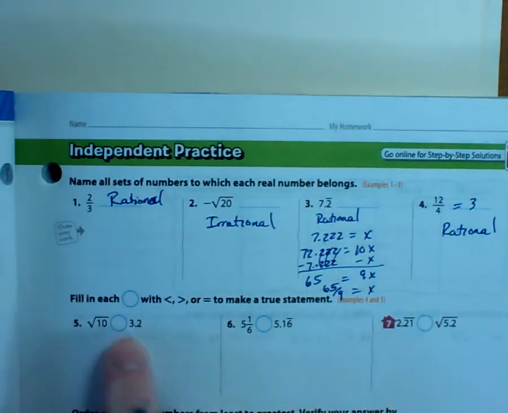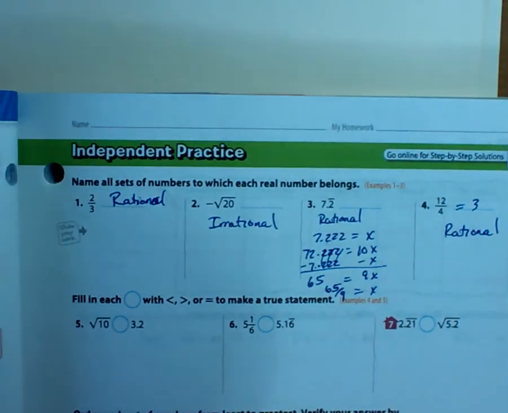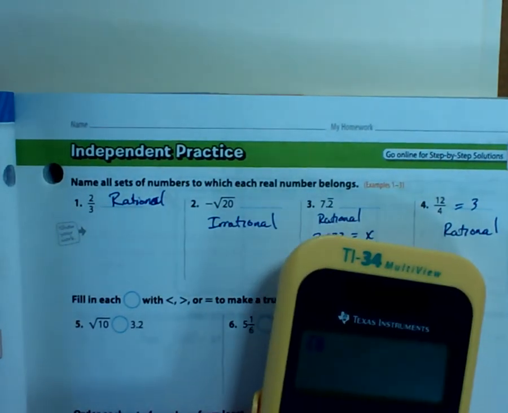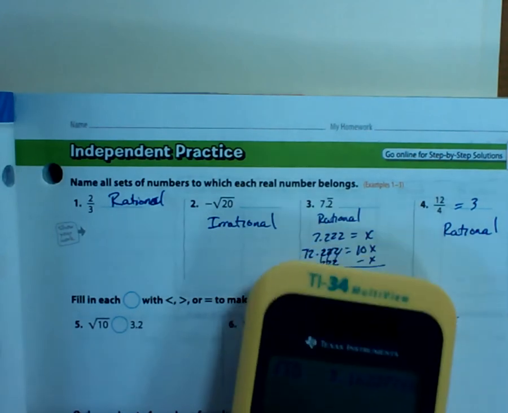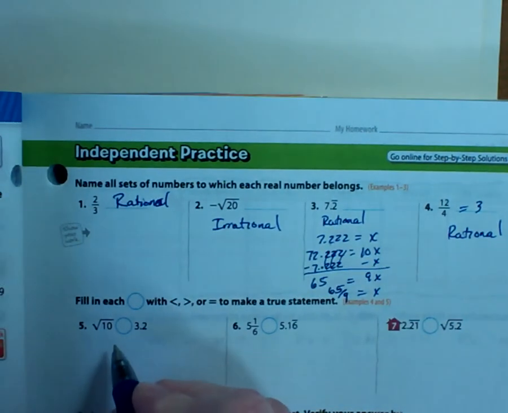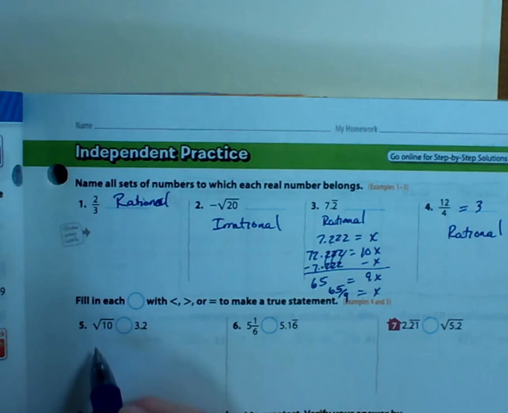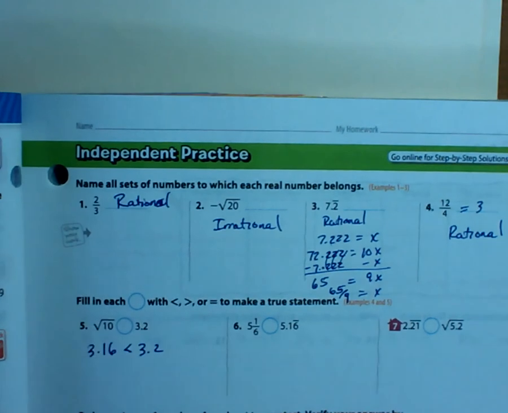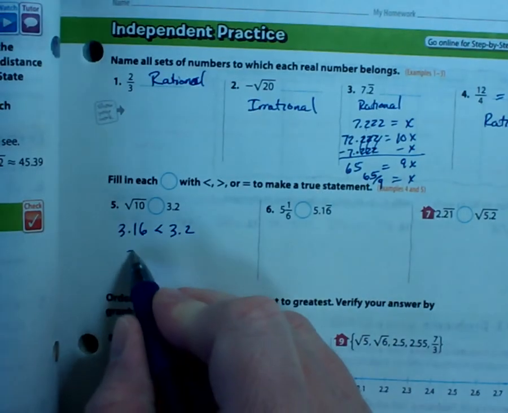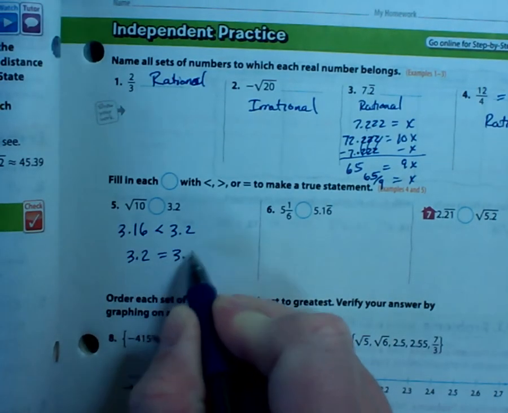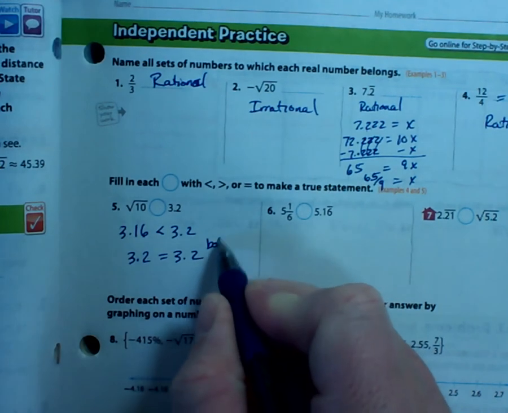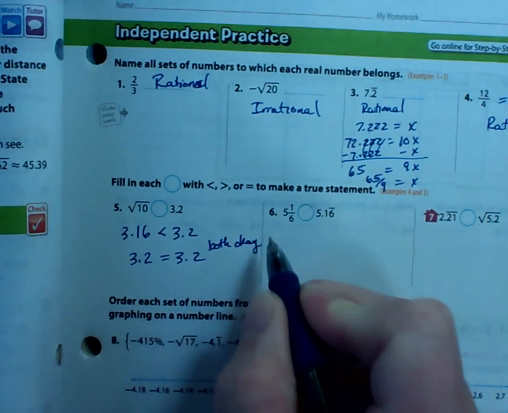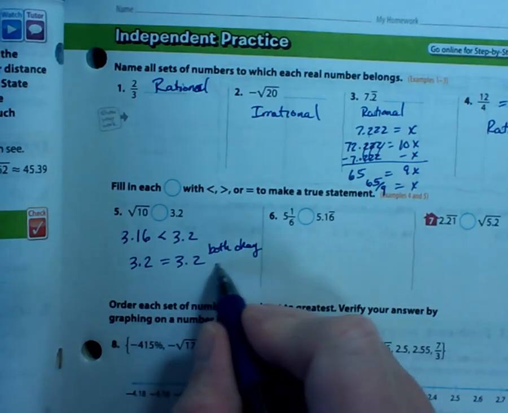And then you want to do some comparisons. You'd have to use your calculator. Square root of 10 is 3.16. 3.16 is less than 3.2. Now, if you rounded it to the nearest tenth, you'd get 3.2 equals 3.2. They're both okay answers as long as you explain your reasoning.